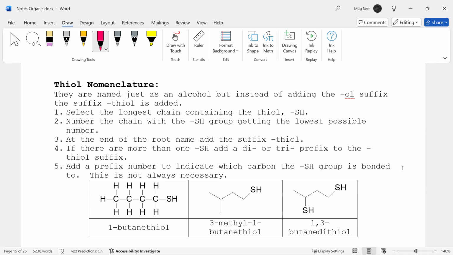So I've got a thiol here and I've got an alcohol here, what's the difference between those two things? Is it different electronegativity-wise, or is it that sulfur can form extra bonds? Both of those are fine, but one's going to be really important to you.